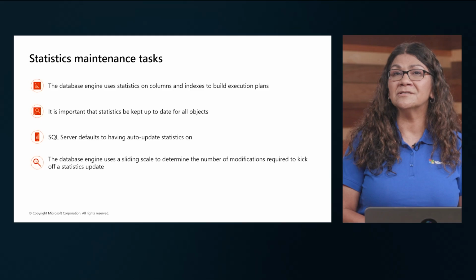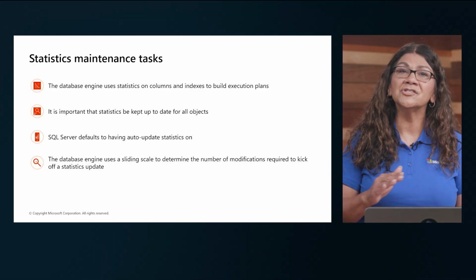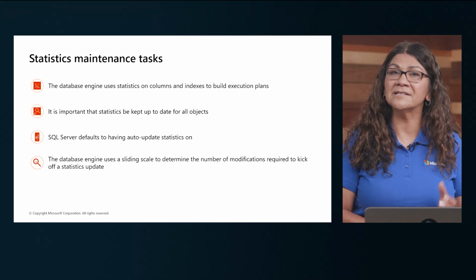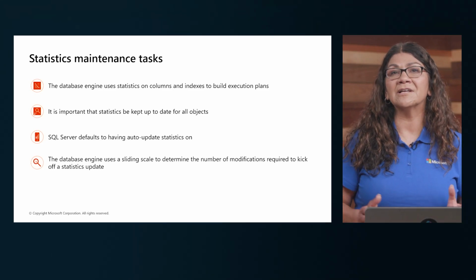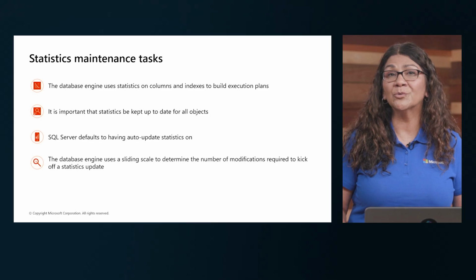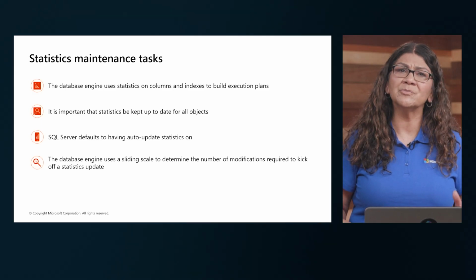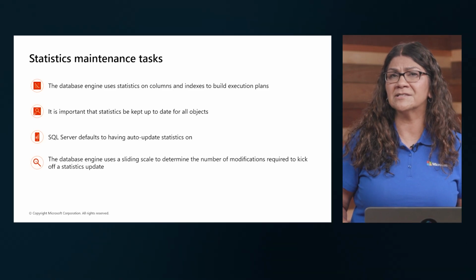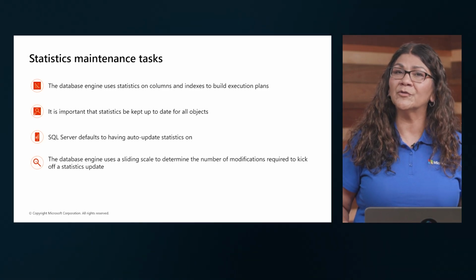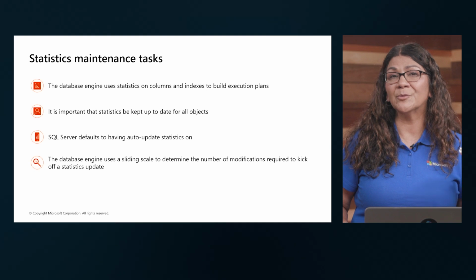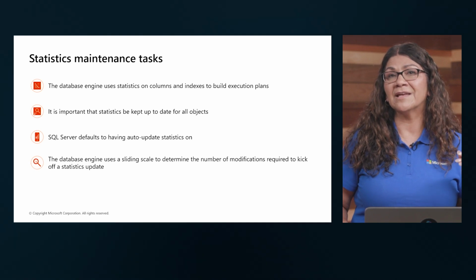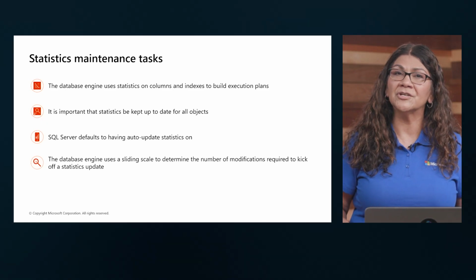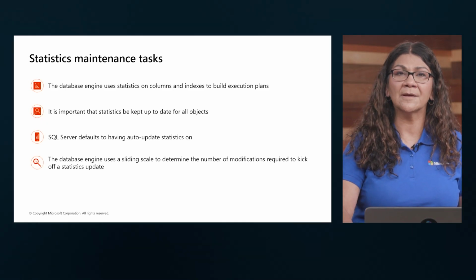The engine uses a sliding scale to determine when enough modifications have occurred to trigger a statistics update, allowing dynamic responsiveness to workload changes. This approach benefits high transaction environments and large-scale databases by maintaining query performance and minimizing the need for manual tuning, making it ideal for DBAs seeking consistent and efficient database operations.